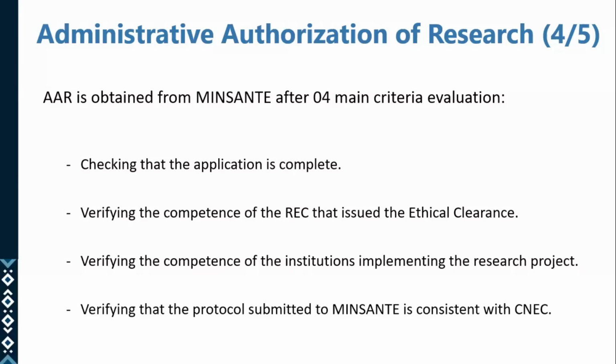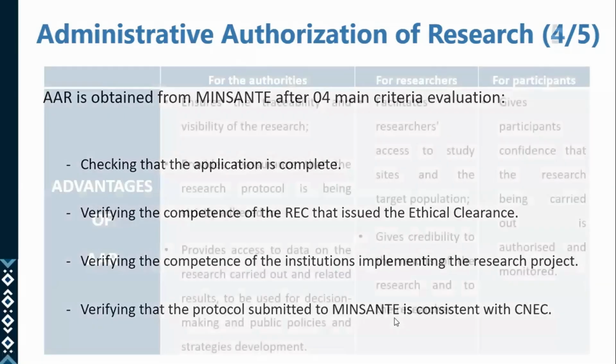So if you have amendments, first of all, obtain the ethical clearance for the amendments before submitting, because you cannot submit to the national ethics with three specific objectives and then come for administrative authorization with four. So where is that coming from? Note that the administrative authorization of research is not far from the national ethics. So they are interchanging and communicating every day to verify if the protocols are really consistent.